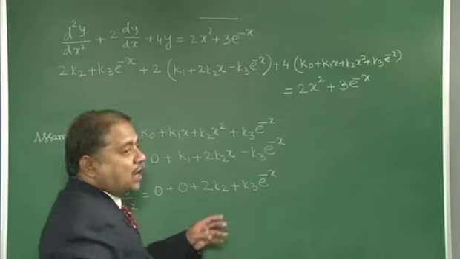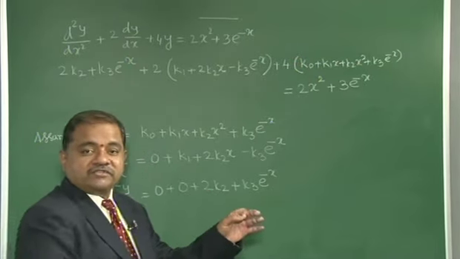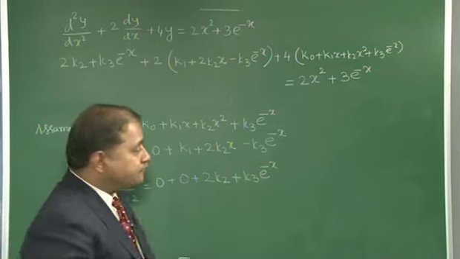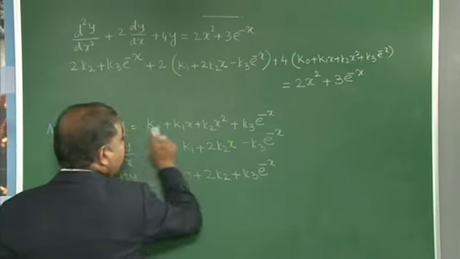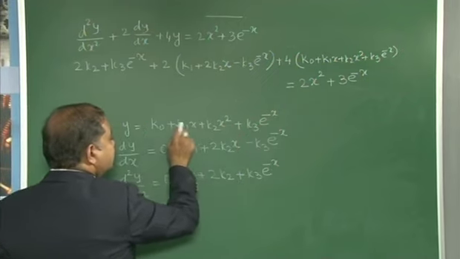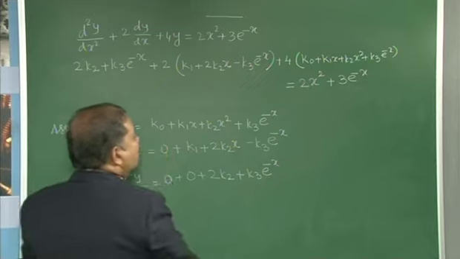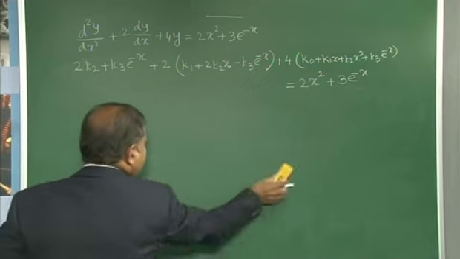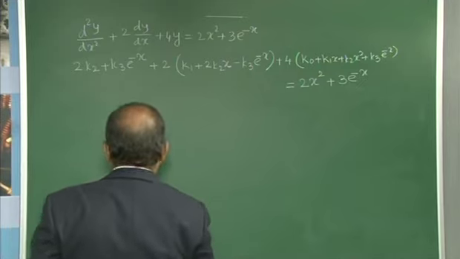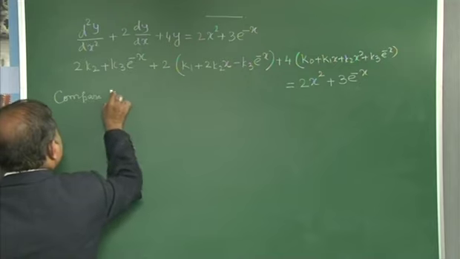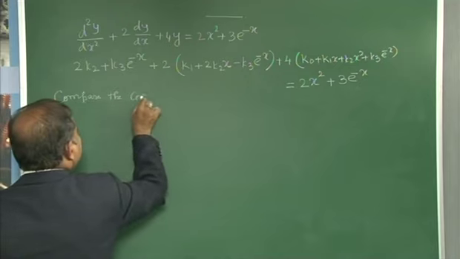Now start comparing the coefficients from the rightmost term onwards, that is, in the assumed PI, I have e power minus x, x square, x, then constant.